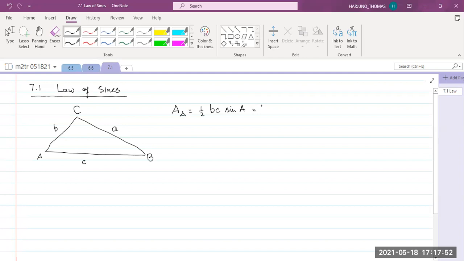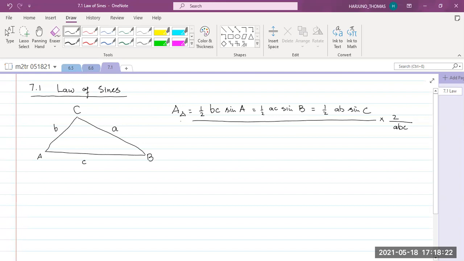But we can also write it in other variations: 1/2 AC sine angle B, that's the included angle, 1/2 AB sine of the included angle C. Now multiply all of these by 2 divided by ABC. Multiplying by 2 will cancel all the 1/2.